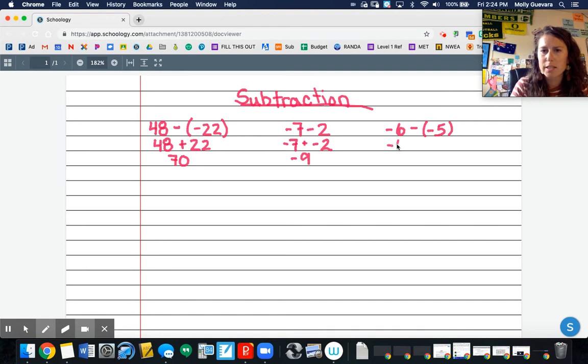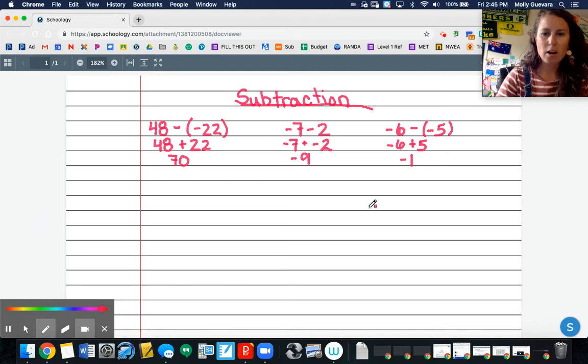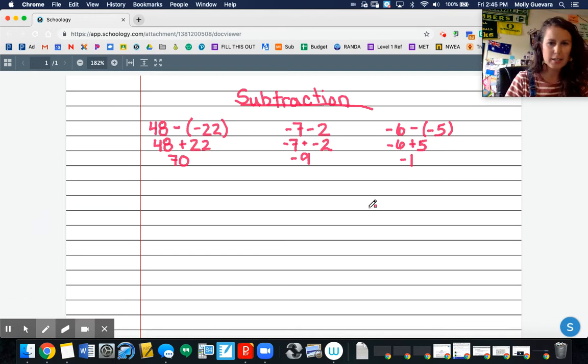Those two negatives turn to positive, so it becomes plus 5. Now this is almost the same thing as subtraction: 6 minus 5 is 1, and since the highest number is negative, it's going to be negative 1. All right, so hopefully that's making sense. We're going to go on to multiplication.